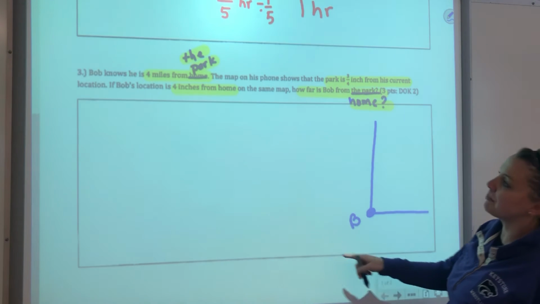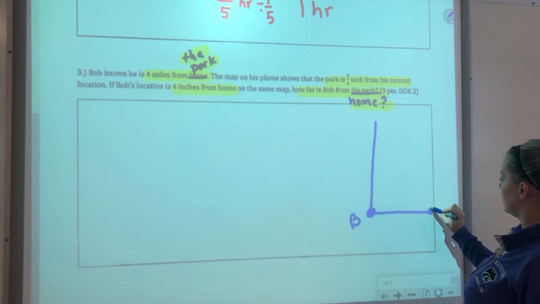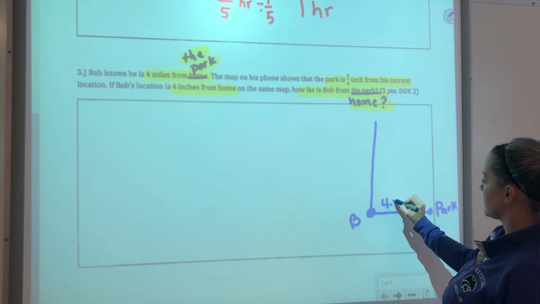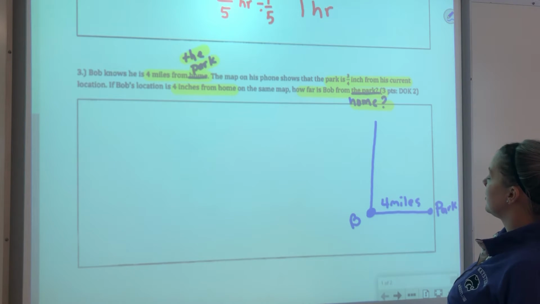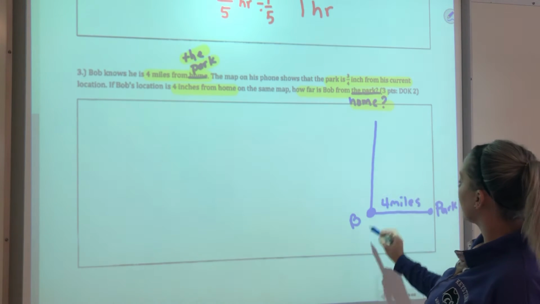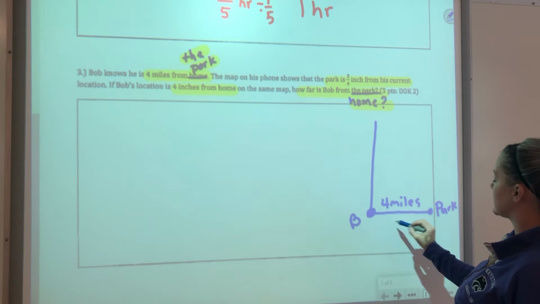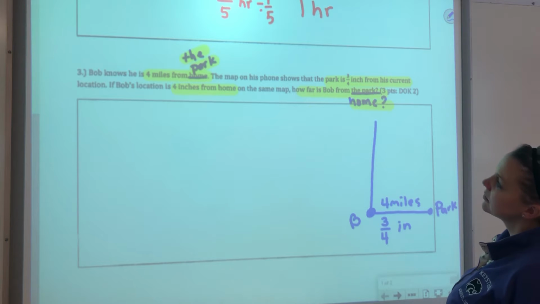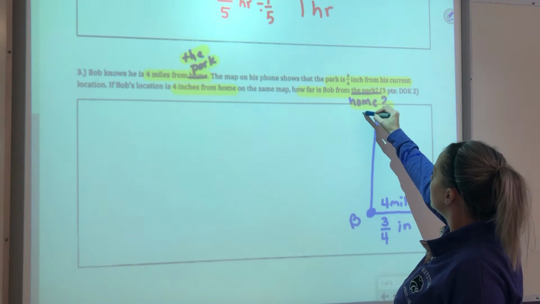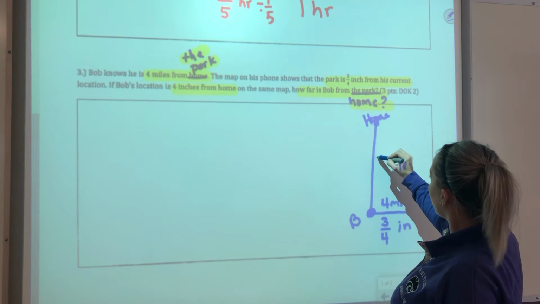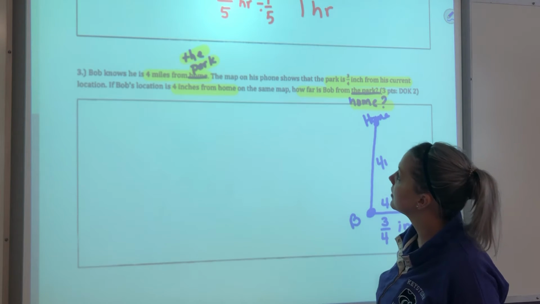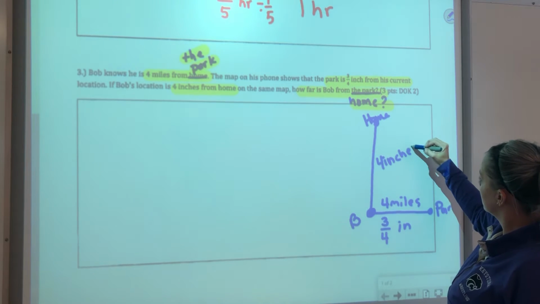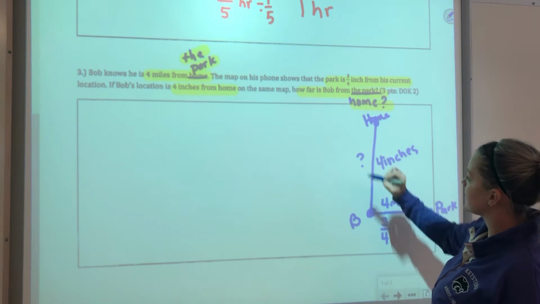I know that Bob is 4 miles from the park. I also know that on the map, the park is 3/4 of an inch from where he is. We also know that Bob is 4 inches from home. We want to know how far this actually is.